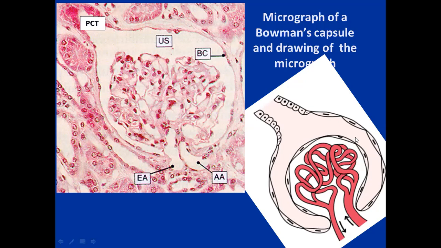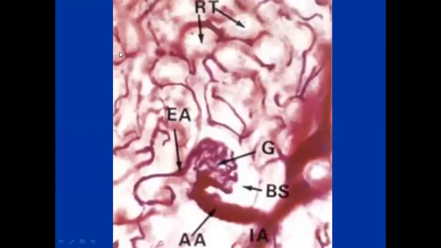You can see the Bowman's capsule, that filter structure: the outer wall, the inner wall, and the space. Outer wall, inner wall, space. Then you can see the proximal convoluted tubule leading off there, on the drawing and on the slide. Okay, hope that makes sense.